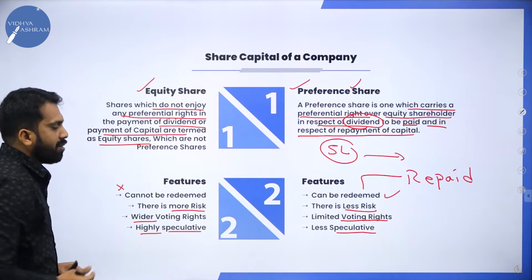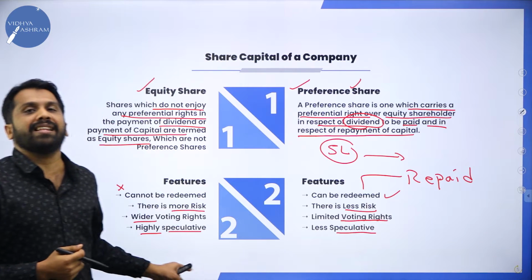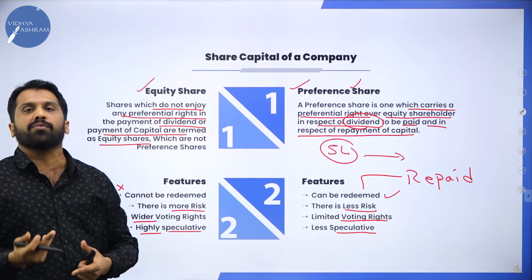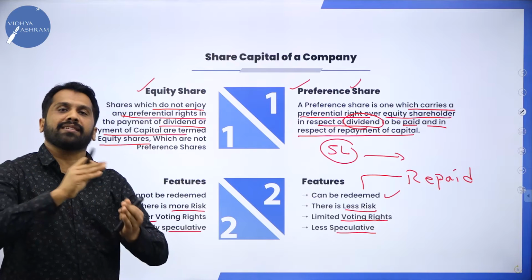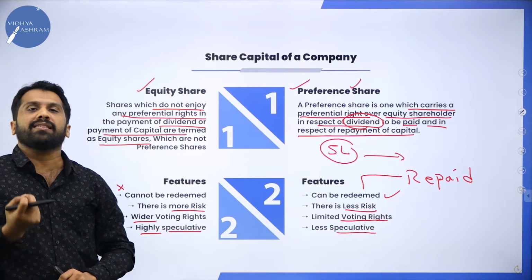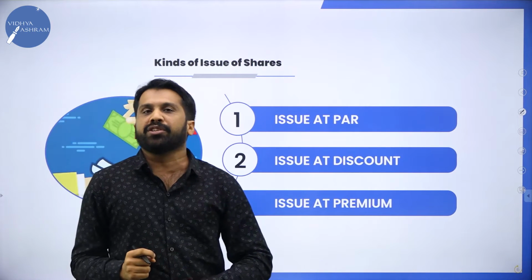Highly speculative, the price changes highly. If you learn any one, it's sufficient, because you can write the same thing in the opposite or negative way. Clear? So these are share capital types and their features. These are the major things.